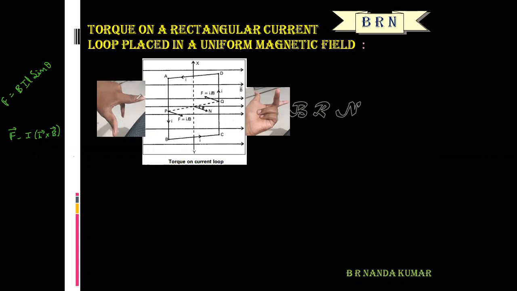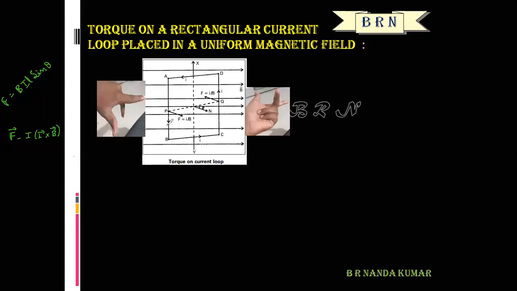So look at this diagram. Forefinger points in the direction of what? The magnetic field, right? So middle finger points in the direction of current flowing through the conductor.